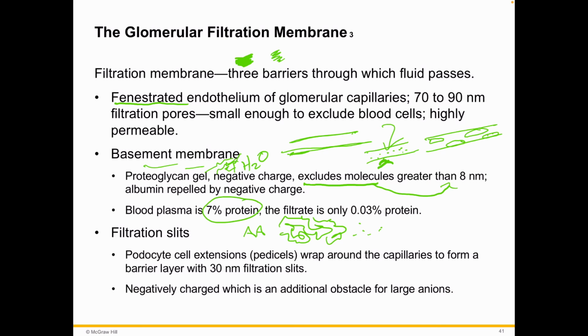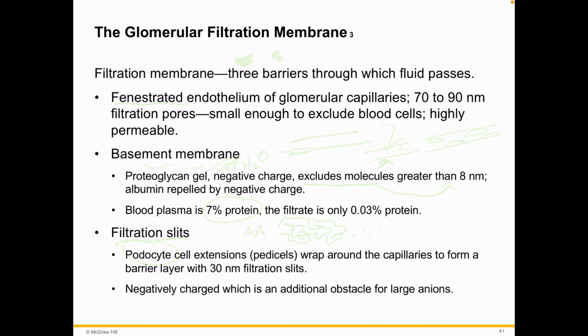the three barrier membrane. So the filtration slit is the final one. So that's where we have those podocyte cell fingers and their overlap. Right, and so they are going to wrap around, and when the fingers of these podocytes are interlacing, they form the next barrier, which means that they just have these teeny tiny little slits, right?